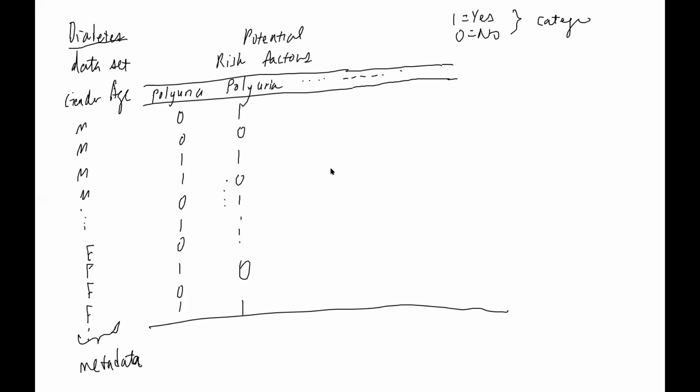This is only special for binary variables. If you have non-binary, then you stop having that property. Then you have diabetes, and maybe some are normal, and so on. So the data set is basically like this.